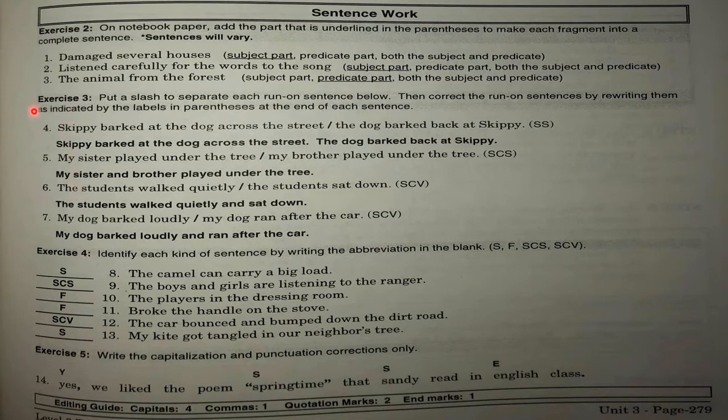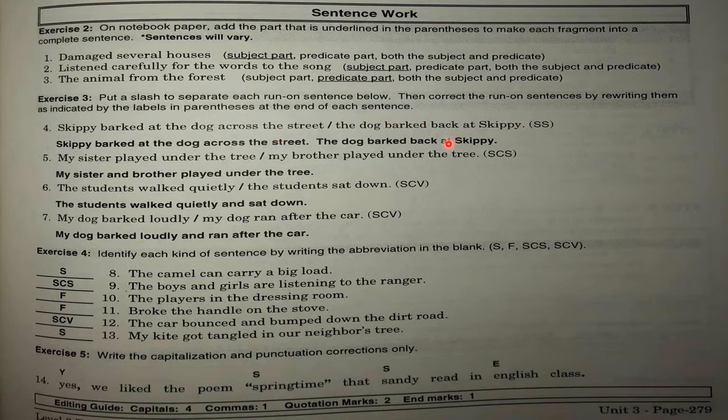So, exercise 3 first. Here we have different run-on sentences. So, what is a run-on sentence? I already explained this to you guys. This is when you have two sentences put together, but they are not punctuated correctly. Okay?